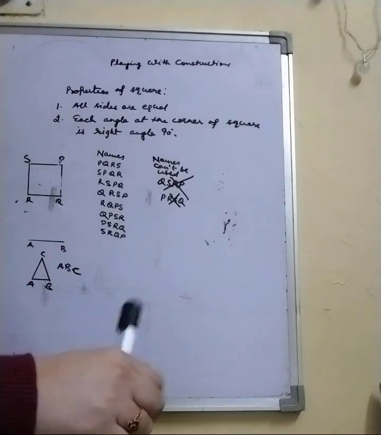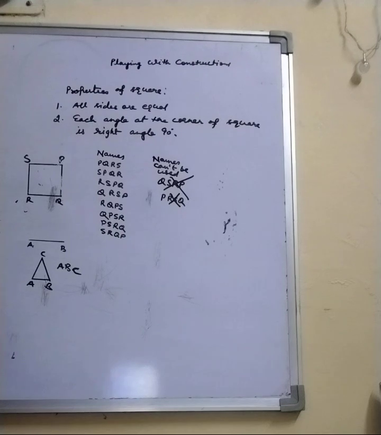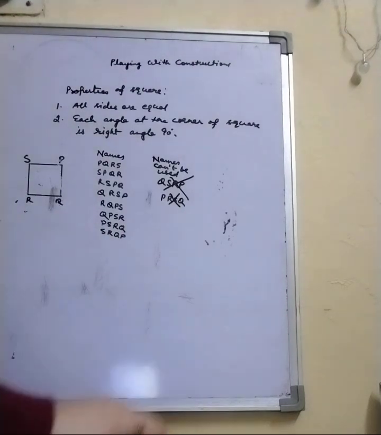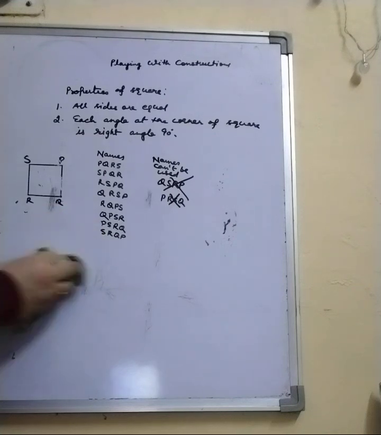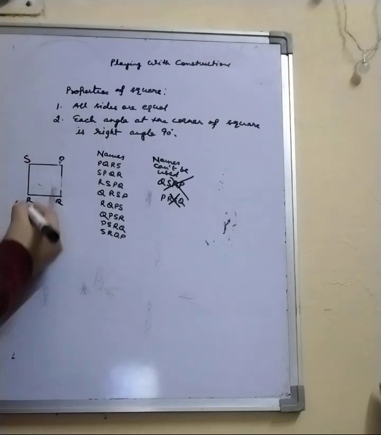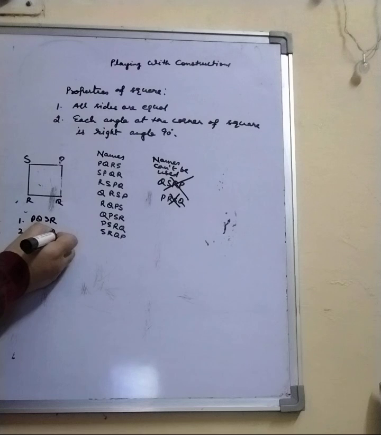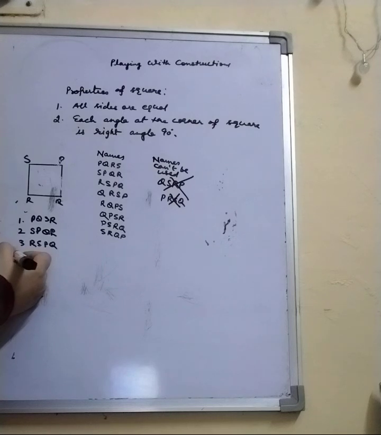So let's write it here. You have been given the option PQSR. Second is SPQR. Then RSPQ. And then QRSP.